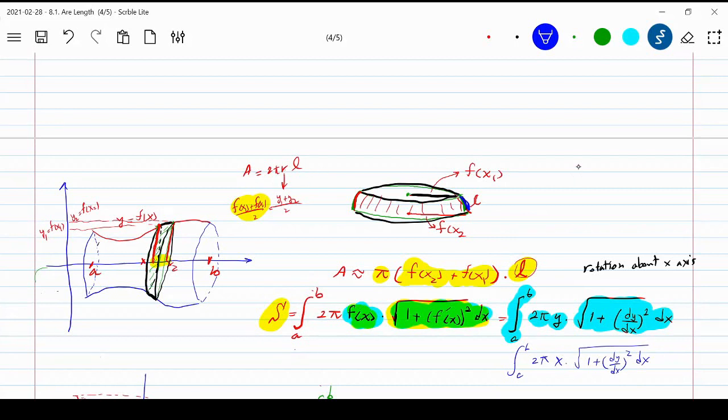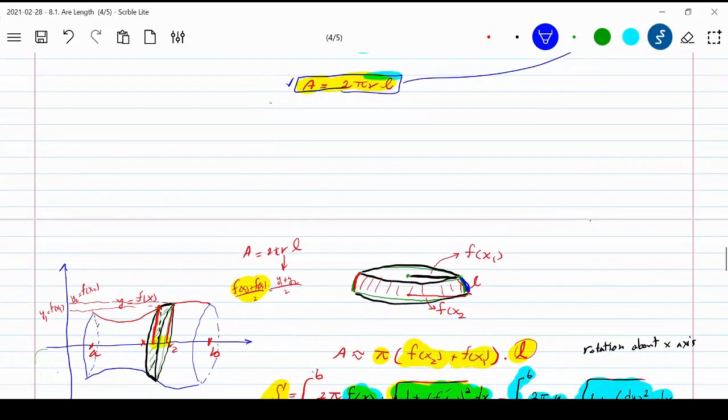So if you rotate some curve like this around the x-axis, what you get is these two radii that you have to figure out. This radius is simply x1 and the other radius is x2. They're both dependent on x, not on y.